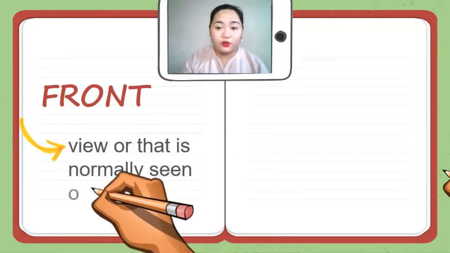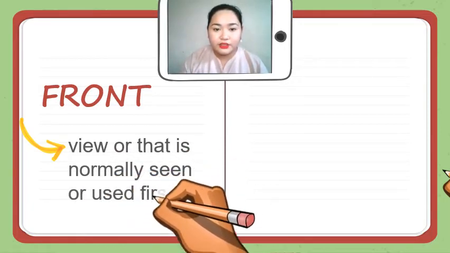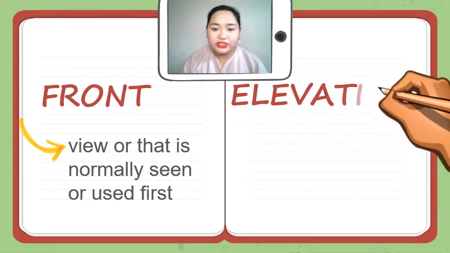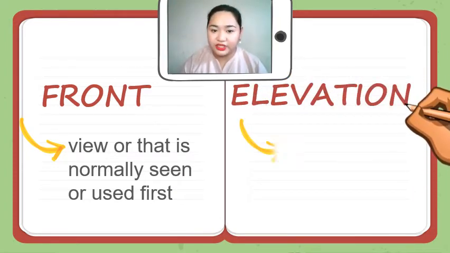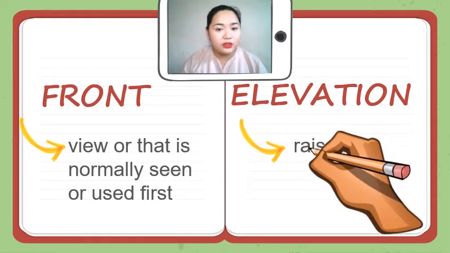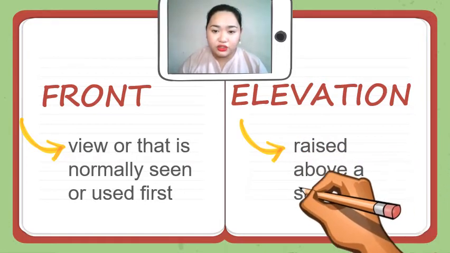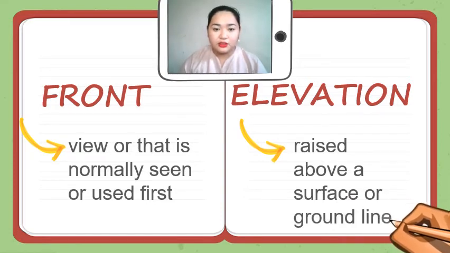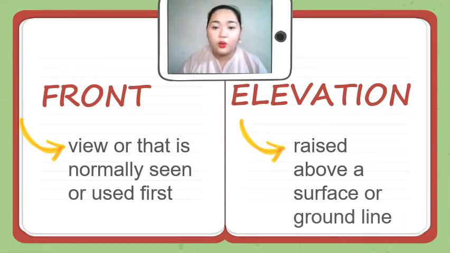This is the most forward part of something. The second word is elevation. An elevation is a rise or the raising of something. For example, mountains have an elevation based on how high they are. Elevation tells how high something is raised above the surface or ground line.